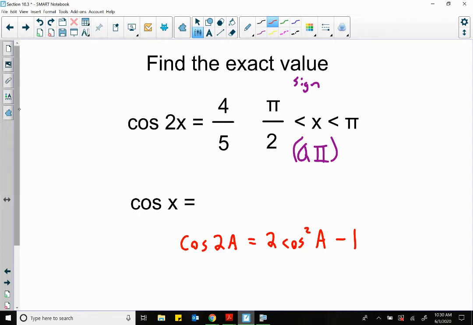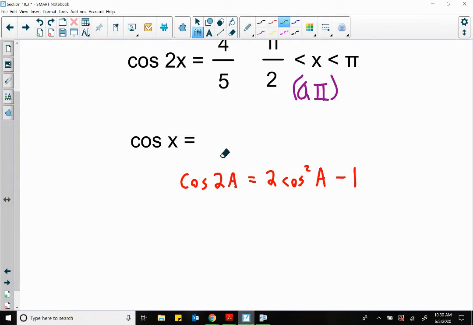Okay. So we know that cosine 2a, 4 over 5, is equal to 2 cosine squared a minus 1. My a is the same thing as x in there, okay? I was going to say we can kind of figure out what a is, but that's not what's going on. All right, so how do I get this cosine by itself? Well, we're going to add 1.